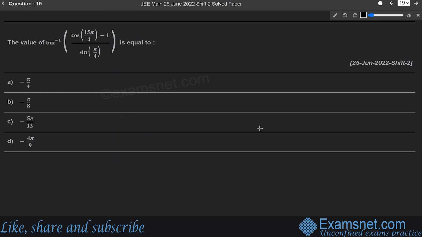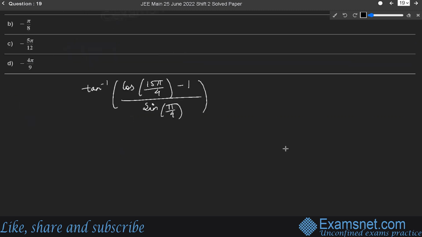Next question is the value of tan inverse of cos 15 pi by 4 minus 1 divided by sine pi by 4 is equal to. So this can also be written as tan inverse of 1 by root 2 minus 1 divided by 1 by root 2.